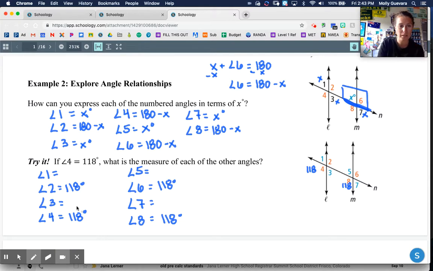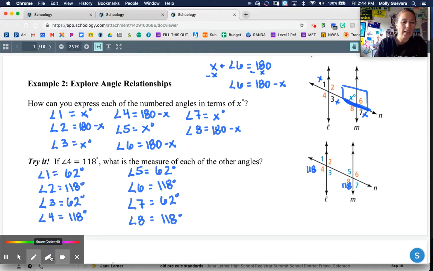So that tells me that angle 3 is 62. 3 and 1 are vertical from each other, so 1 is also 62. 3 and 5 are alternate interior angles, so that is also 62. And then 5 and 7 are vertical from each other, so also 62. So 4 of my angles are 118, 4 of my angles are 62, and we found the measurement of every other angle.